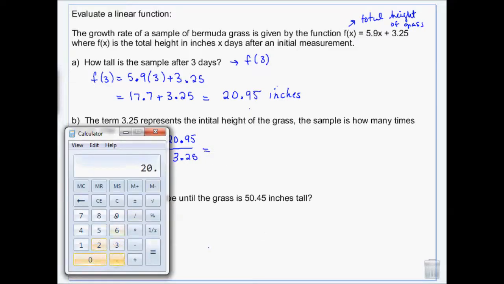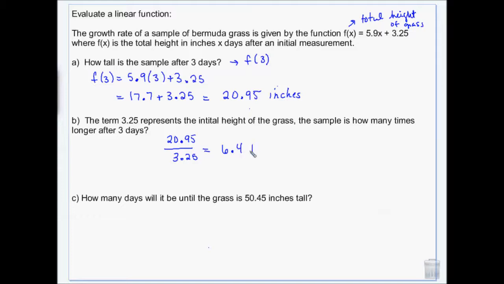So we do 20.95 divided by 3.25, and it is 6.4 times longer.